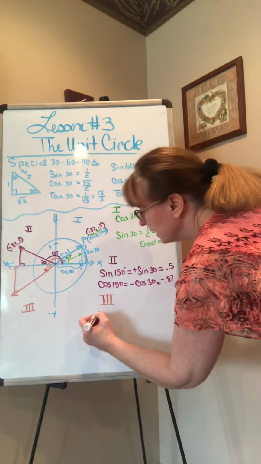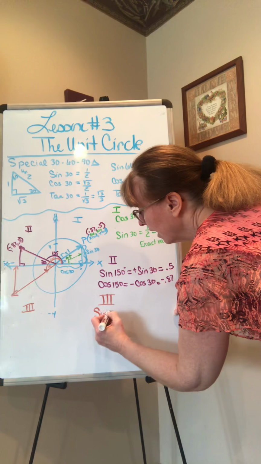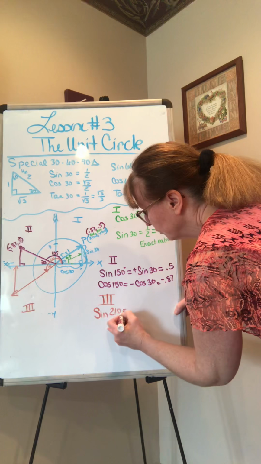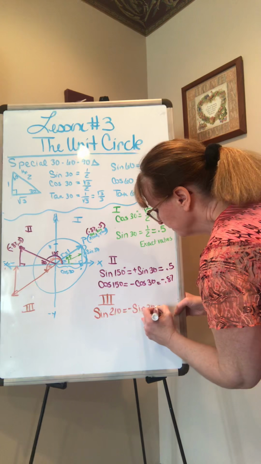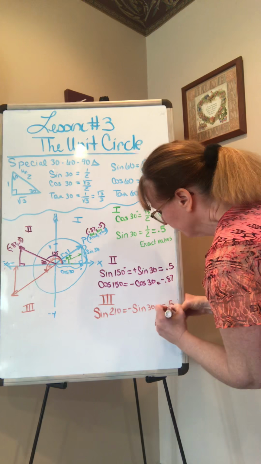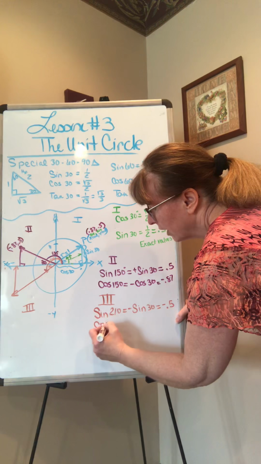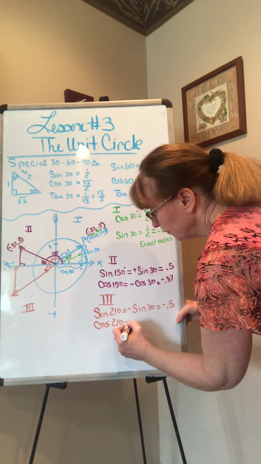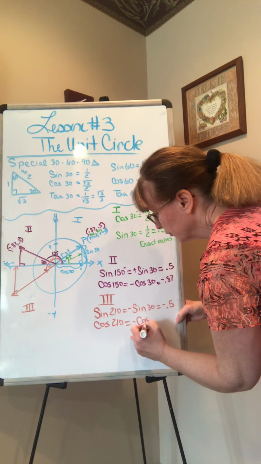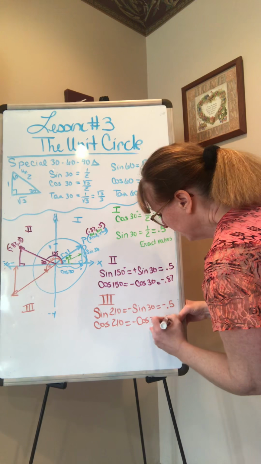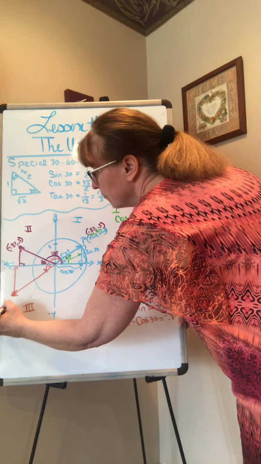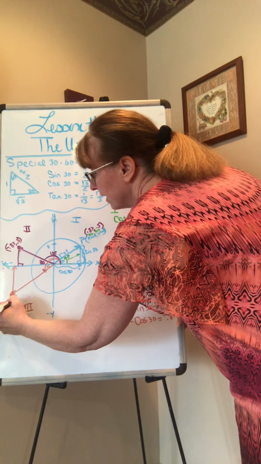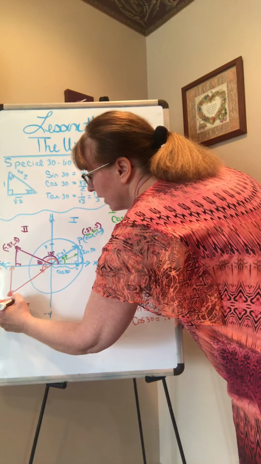So the sine of 210 is equal to negative sine of 30, negative 1/2, and cosine of 210 would be negative cosine of 30, negative 0.87. So this point here would have been negative 0.87, negative 0.5.